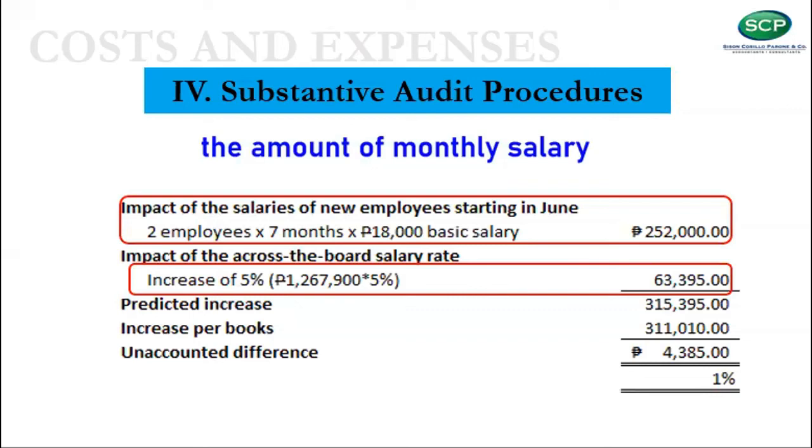So in this case, pwede na nating sabihin since na-approximate nung predictive testing natin yung increase in salaries and wages. Therefore, we can really put in our work papers confidently now na ang reason for the increase in salaries and wages is because of the hiring of these 2 employees and the across-the-board increase given by the company in January of the current year.